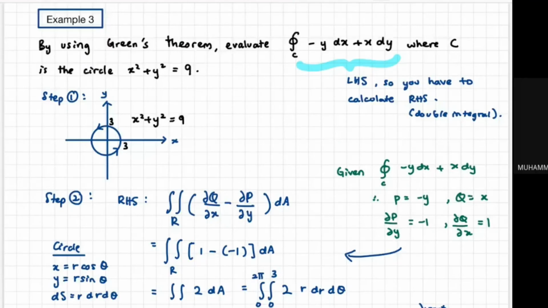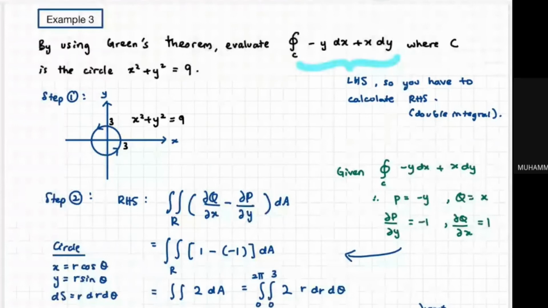So for example number 3, by using Green's theorem, evaluate the integral of negative y dx plus x dy, where C is the circle x squared plus y squared is equal to 9. So remember, evaluate.